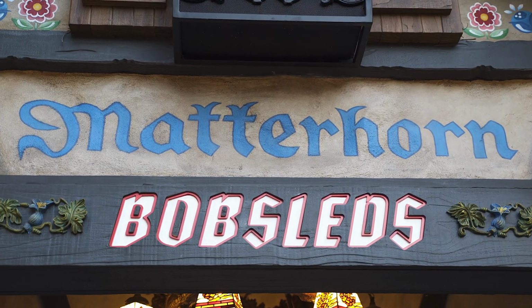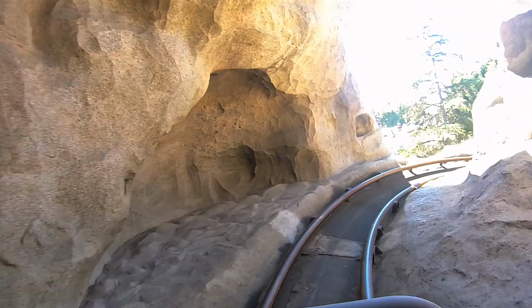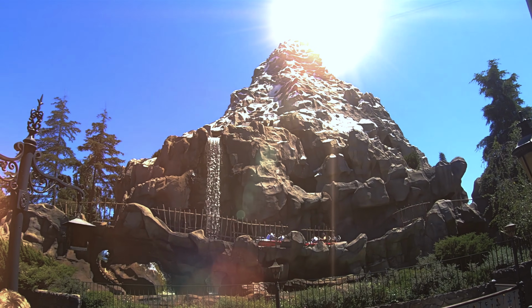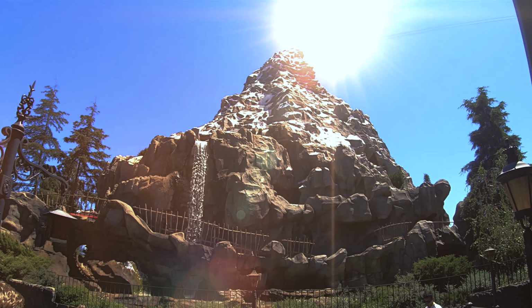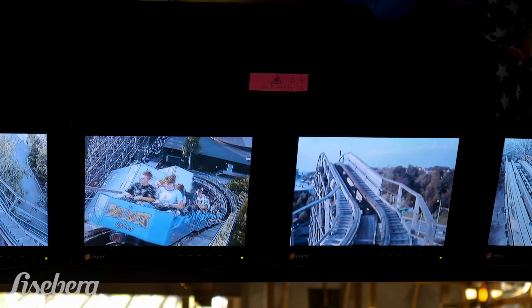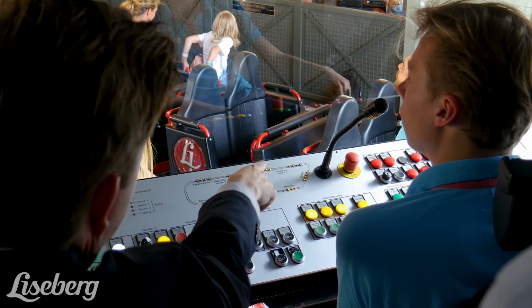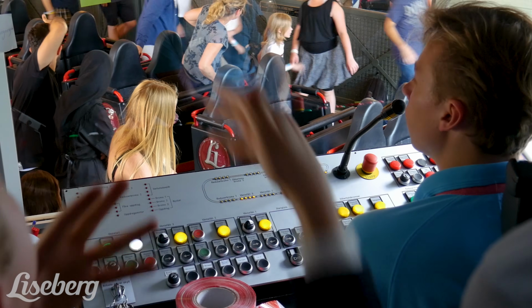Matterhorn Bobsleds at Disneyland in Anaheim became one of the world's first rides to use computerized blocks. Sensors track the position of the various trains throughout the layout, automatically stopping them if necessary. While it was, and still is, critical for the ride operator to know the location of the trains, the blocks were now controlled using a more responsive and accurate computerized system.